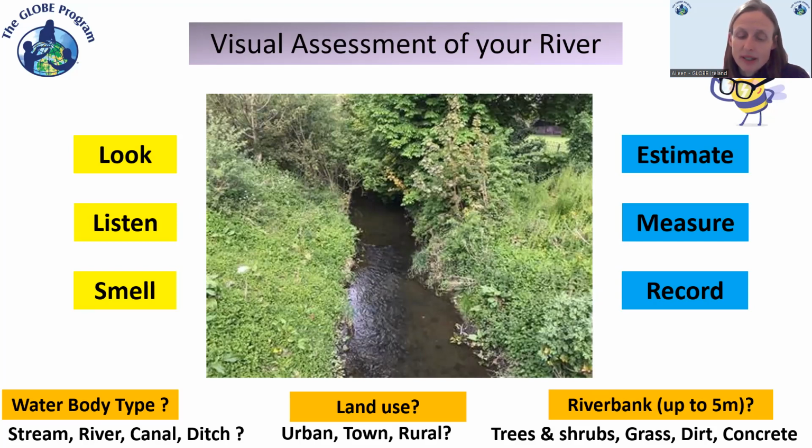If you're in an urban area, the EPA are thinking that we have roads, pollution coming from the roads, and sewage systems. There's a very different potential for pressure there, whereas in a rural area, you might be thinking more about agricultural pressure. The land use will play a big part in the health of the river. So that's why we're asking those questions.